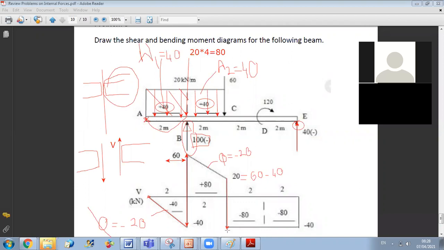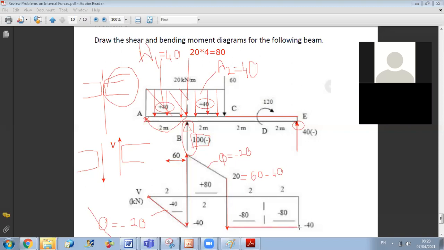Okay. Now, after this, from C to D, I don't have anything. At D, I have a couple, but the couple will not affect the shear, it will affect the bending moment diagrams. So since I don't have any variation in load here, concentrated or distributed, there is no variation in my shear. So I will have the shear constant in this part equal to minus 40.